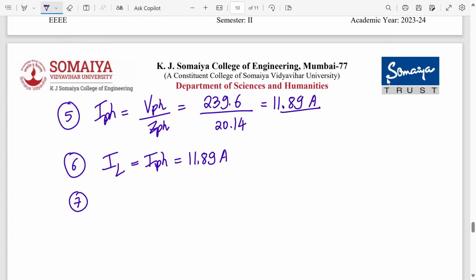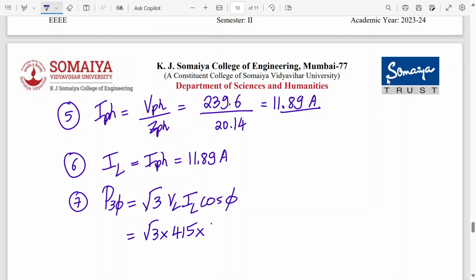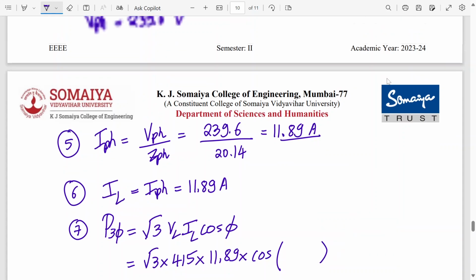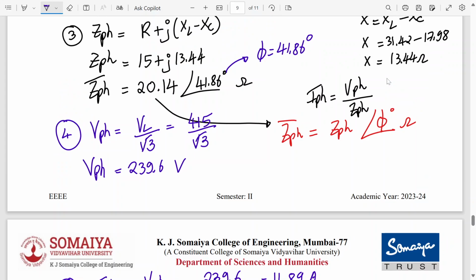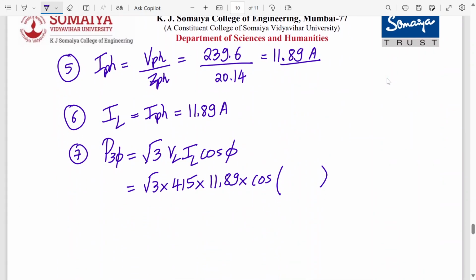Next will be power in three phase. What is the formula? Root 3 VL IL cos phi. So root 3 into VL, which is 415, IL is 11.89, and cos of which angle do I take? The Z phase one, 41.86.